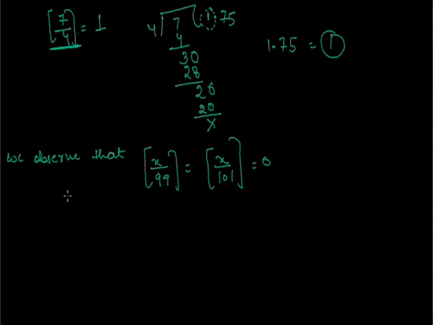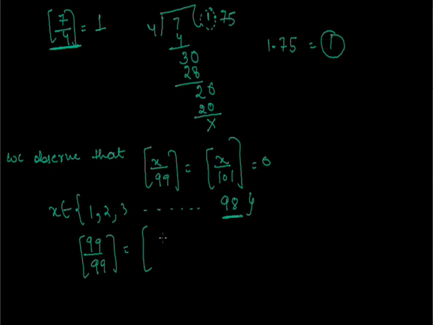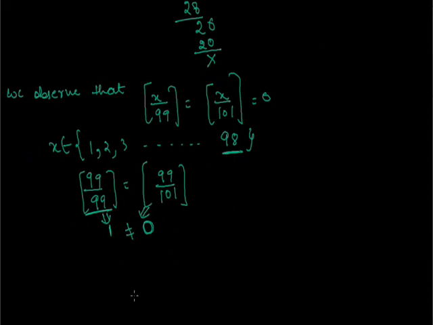When will it give 0? When x belongs to 1, 2, 3 up to 98. Okay, why up to 98? If I consider 99 by 99 and on the RHS I consider 99 by 101, the first term gives 1, but for the other term, since I have to take the integral part, it will be 0, and 1 is not equal to 0.